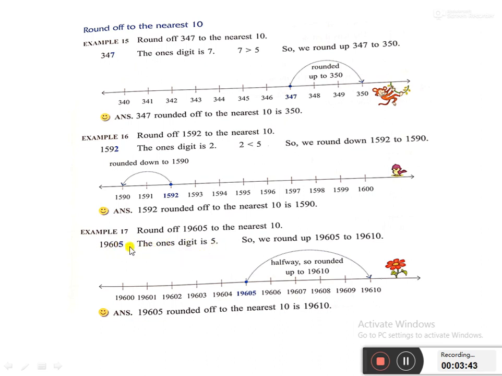So if the number is 5 or more than 5, we have to round up. So what is the question? 19605. So round up. It is nearest to 19610. So what is the answer? 19605 rounded off to the nearest 10 is 19610.